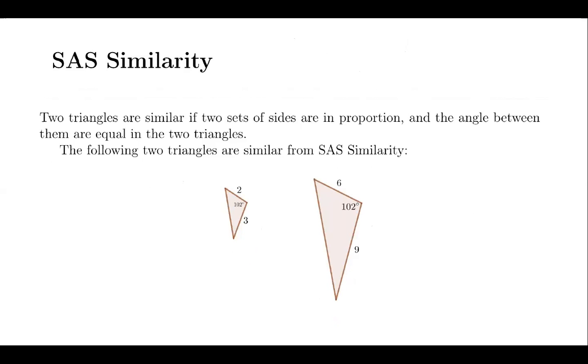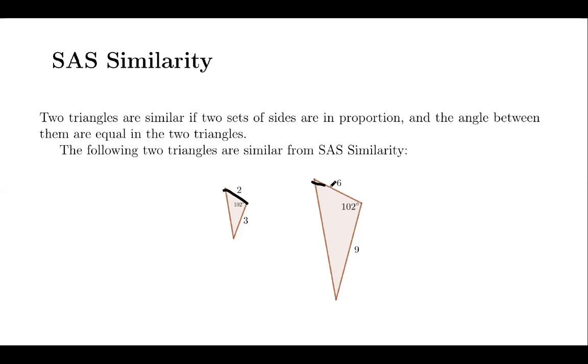We can also use SAS similarity. Two triangles are similar when two sets of sides are in proportion, and the angle in between them has to be equal. So let's take a look at these two triangles.